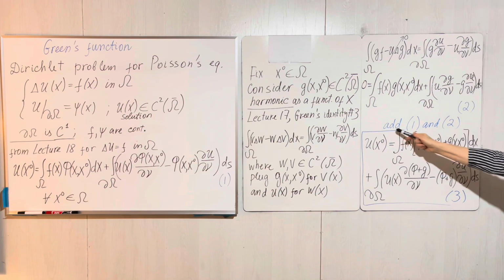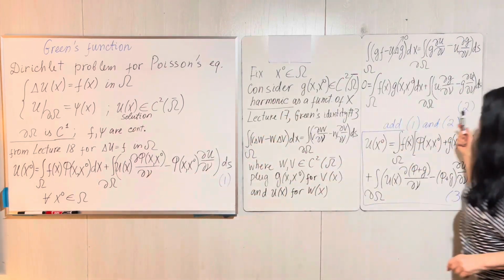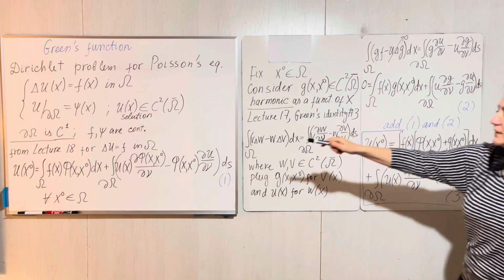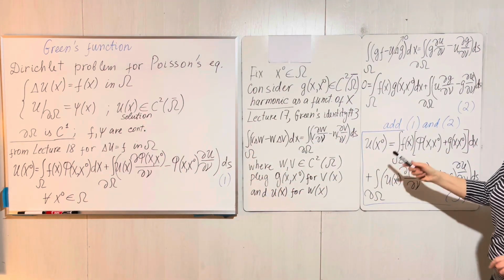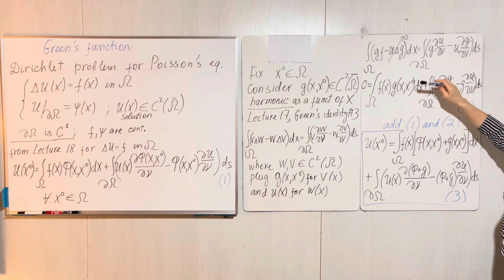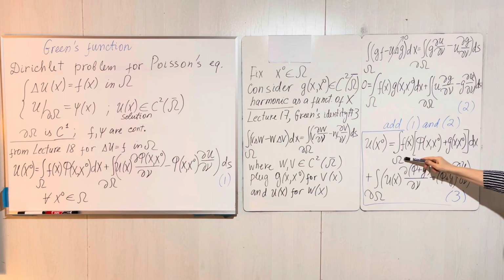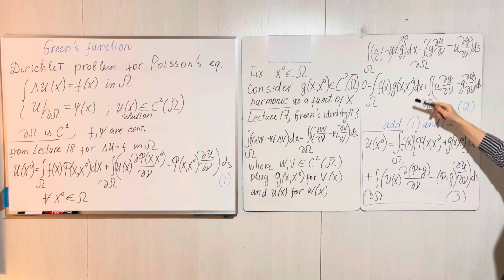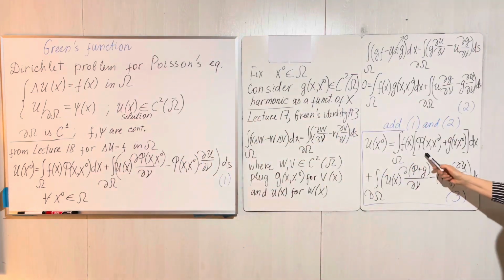Then we add formula 1 and formula 2. The 0 and u at x0 give us u at x0, and in the integral over the domain omega we have f times the sum phi plus g dx.